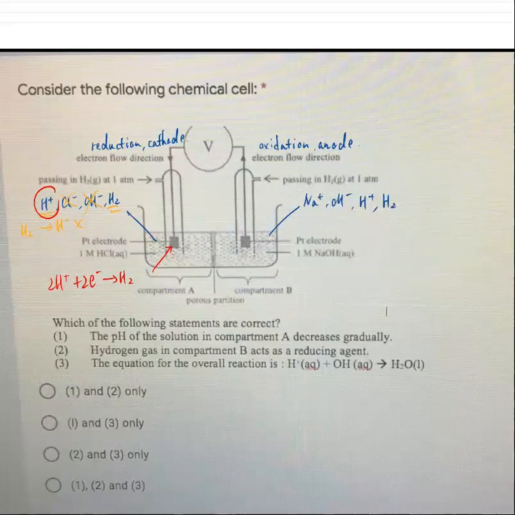So we've got all 4 substances near the electrode. Let's take a look at which one is actually going to lose electrons. So definitely not easy for sodium ion or hydrogen ion to do it. It's very hard for you to take away electrons from a positive ion.